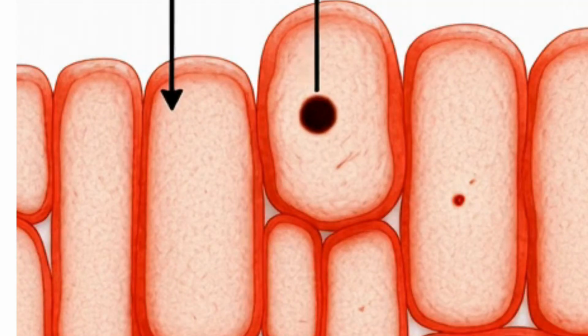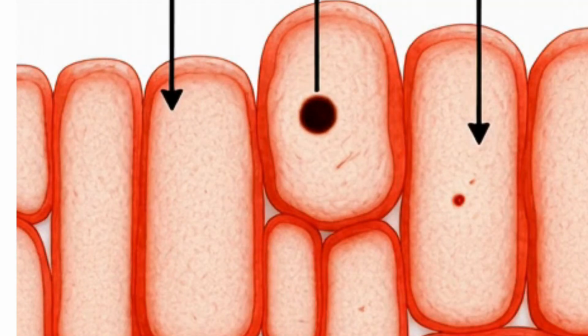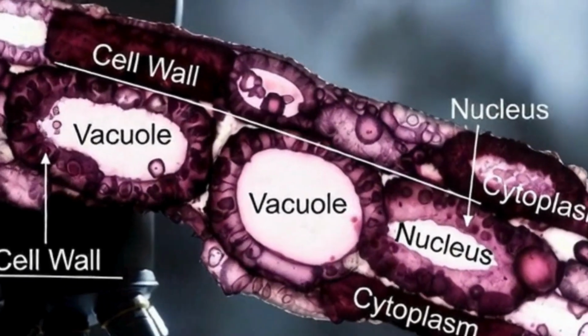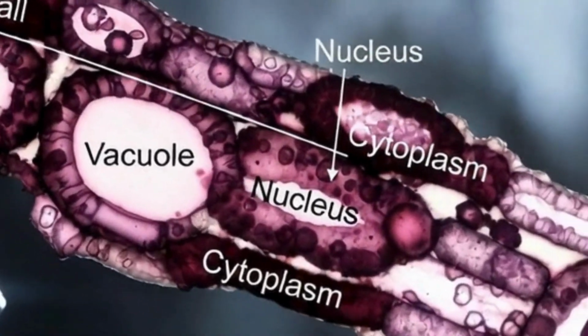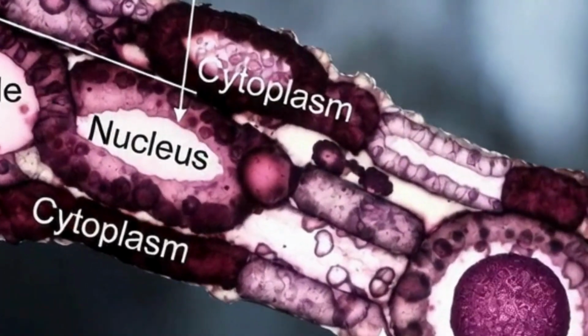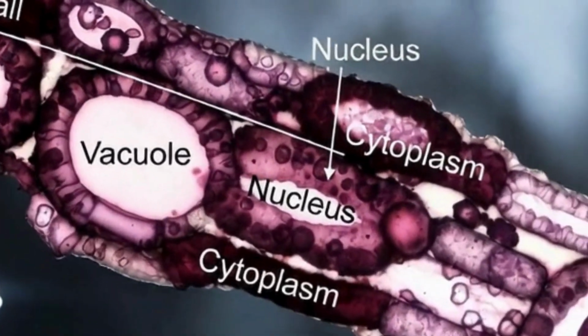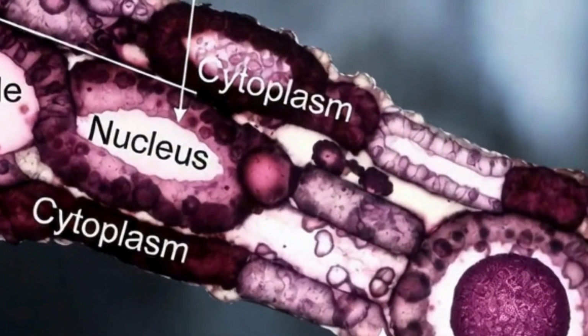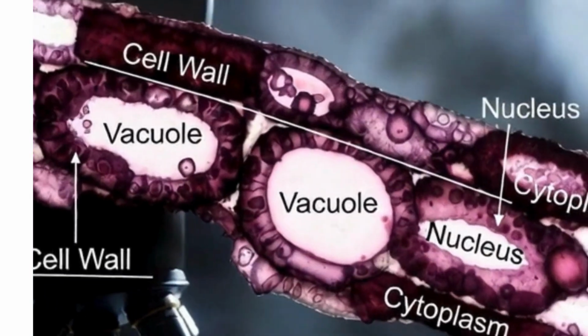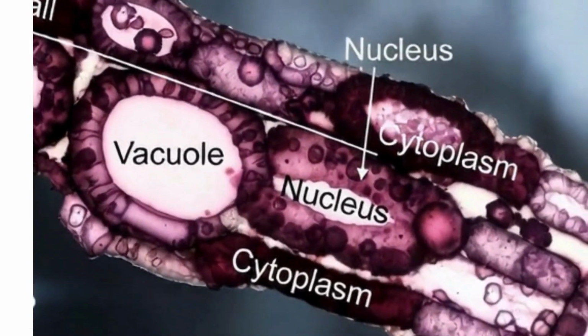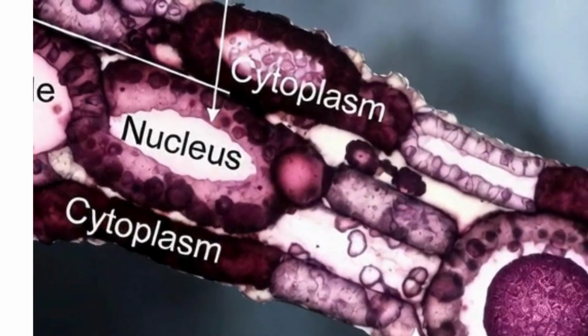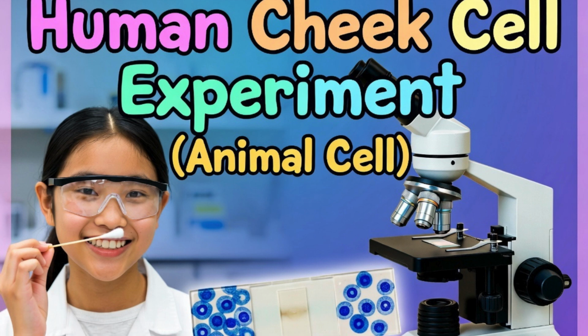Under the microscope, these cells look rectangular and are closely packed together. These cells have a cell wall, which gives strength and shape, a cell membrane, which controls what enters and leaves, a cytoplasm, a jelly-like substance inside, and a nucleus, the control center of the cell.